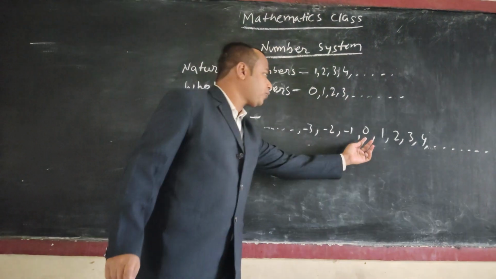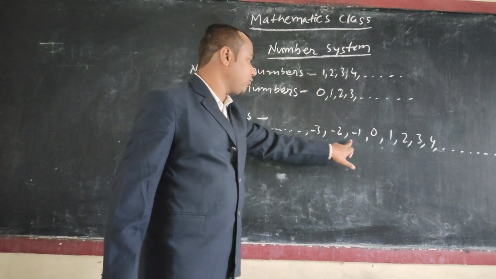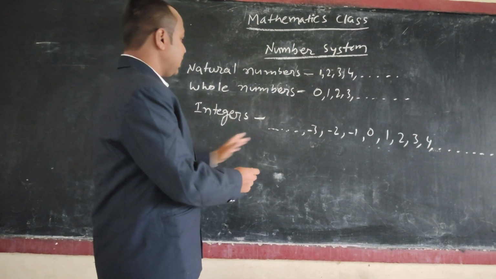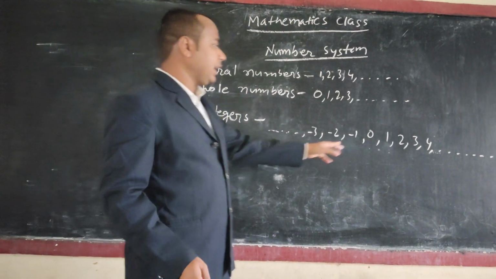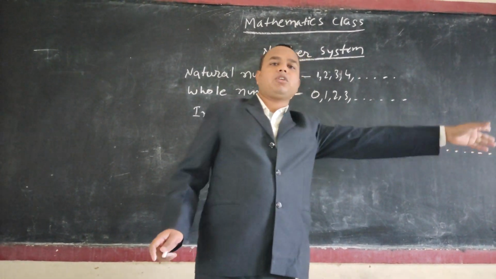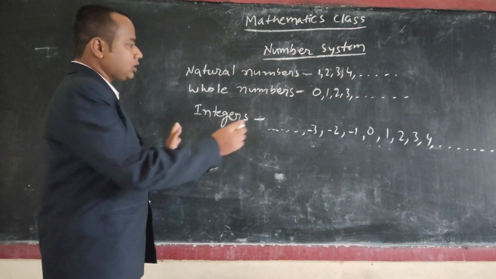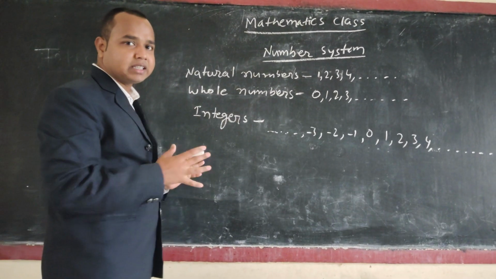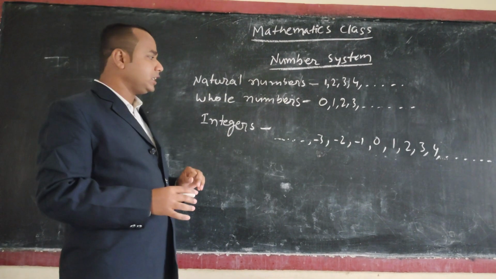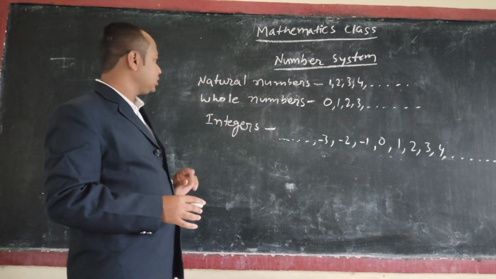If you move from 0 to the left side, you will find -1, -2, -3, -4, -5, -6, -7, like that. And after 0, you will get 1, 2, 3, 4, 5, dot dot dot. This makes a set, and we call it the set of integers.